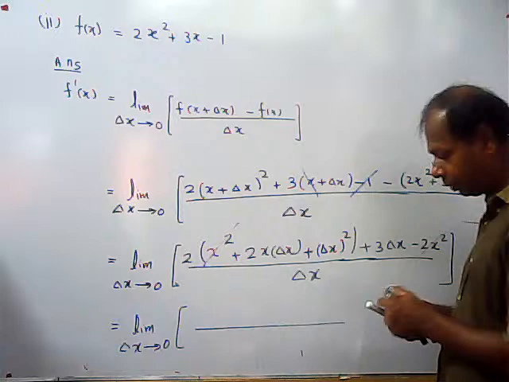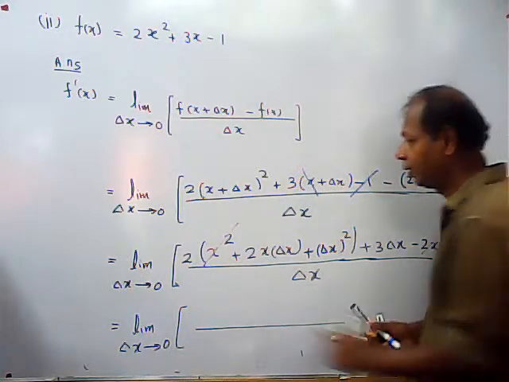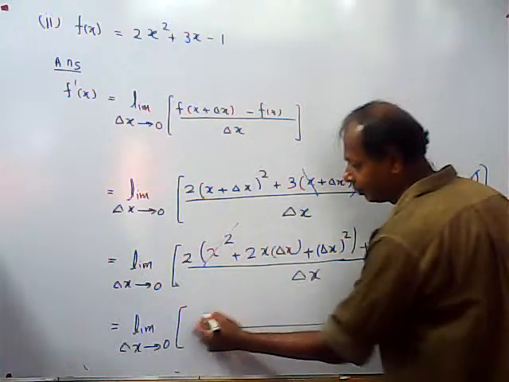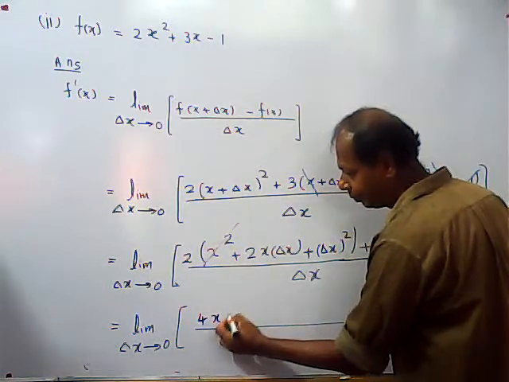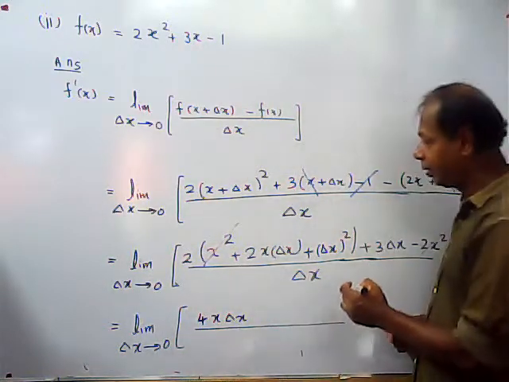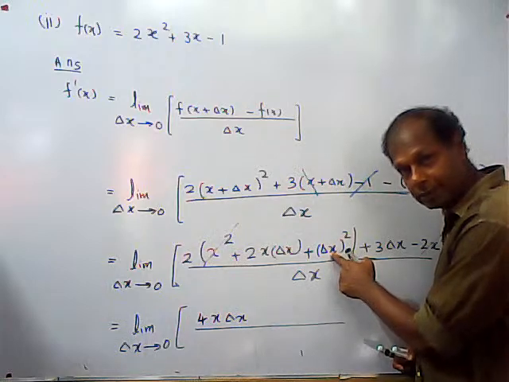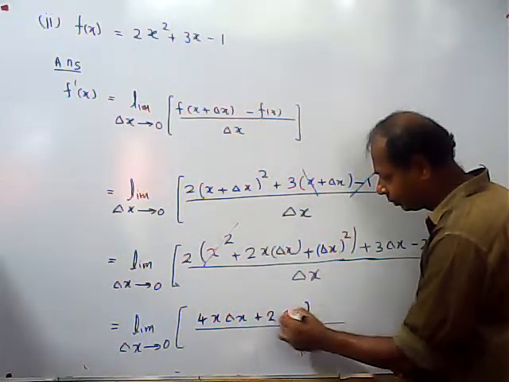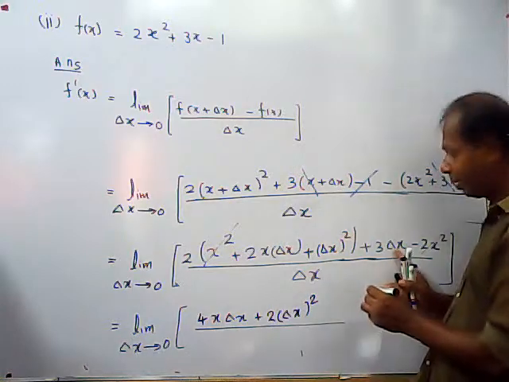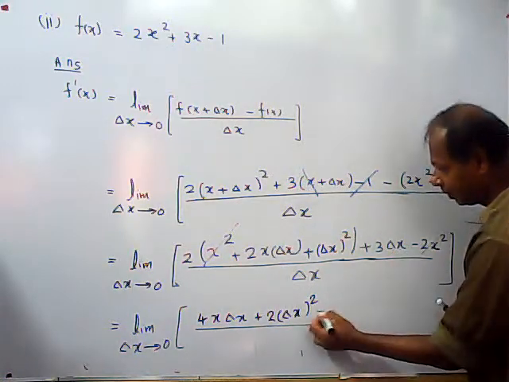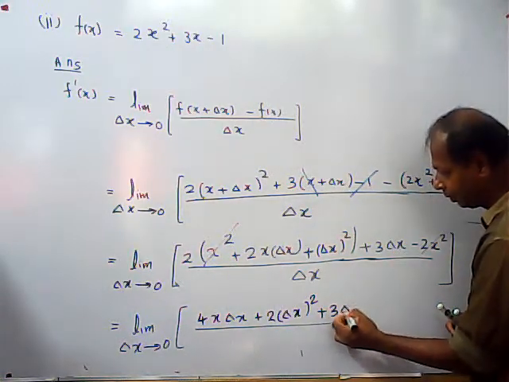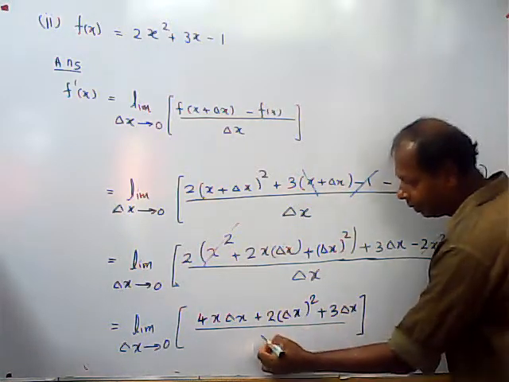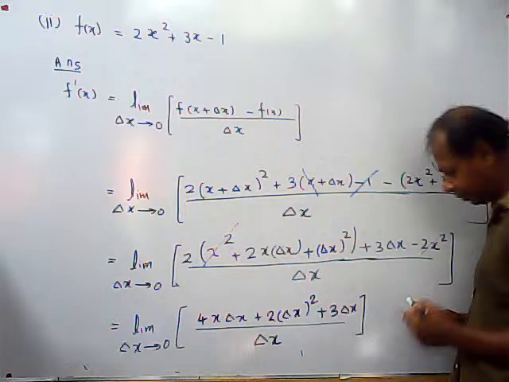In the numerator going to remain here 4x delta x and 2 times delta x squared plus 3 delta x, divided by delta x.